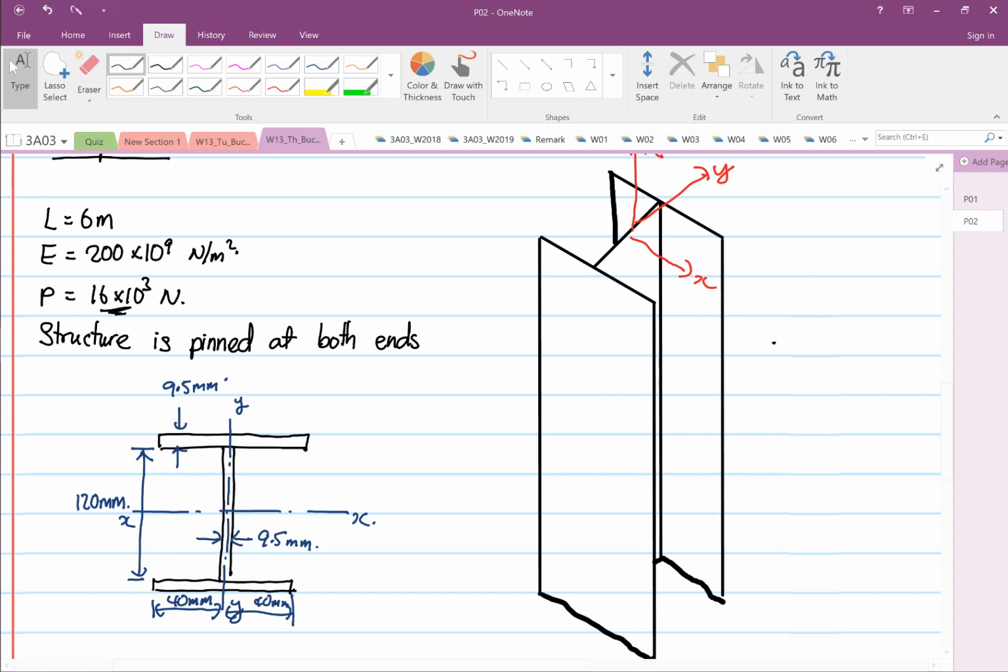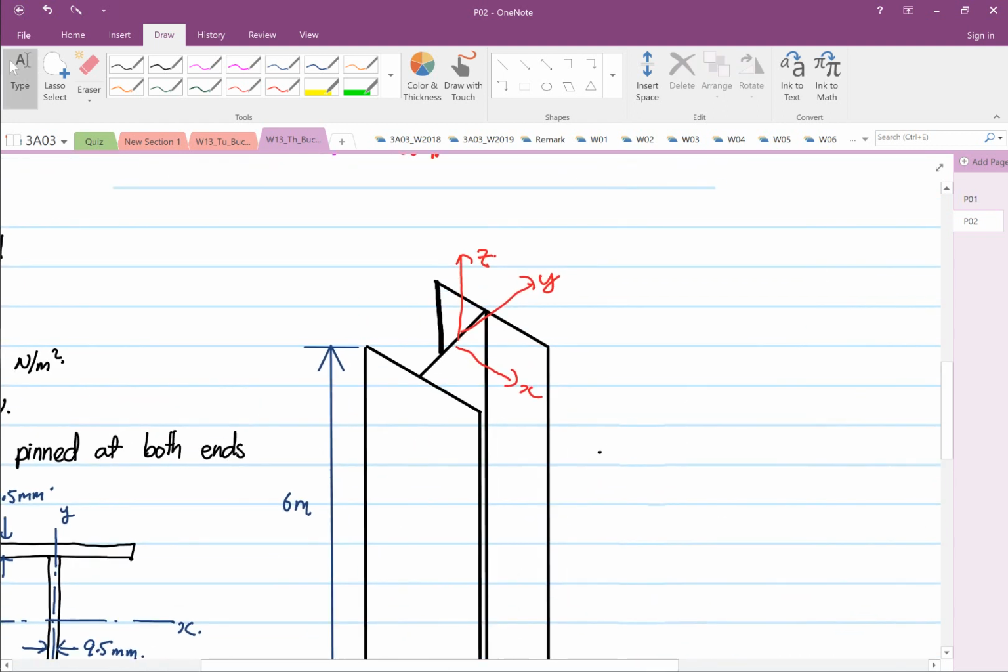So from here to here, right, we have a length of 6 meters.